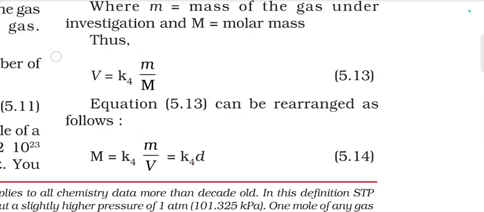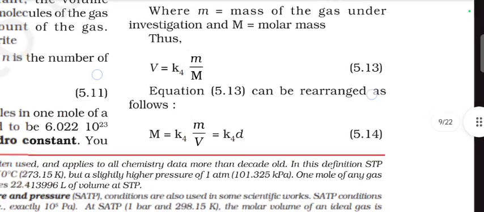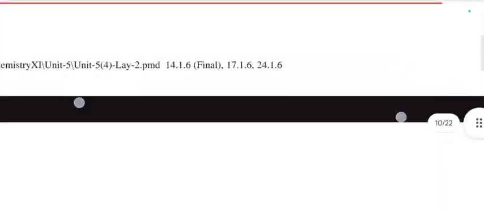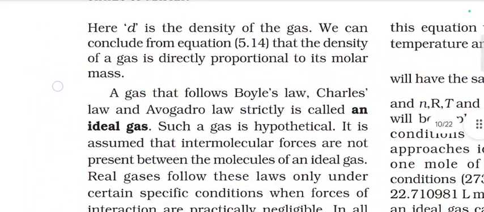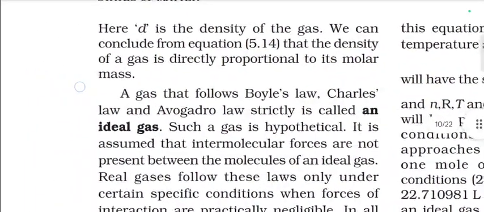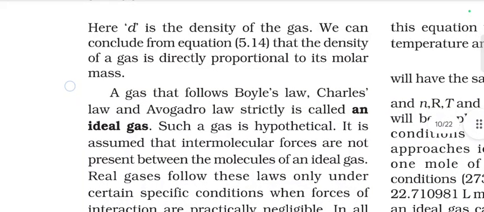Capital M is equal to K4 into small m upon V, which is equal to K4 into d. Equation number 5.14. Here d is the density of the gas. We can conclude from equation 5.14 that the density of a gas is directly proportional to its molar mass.